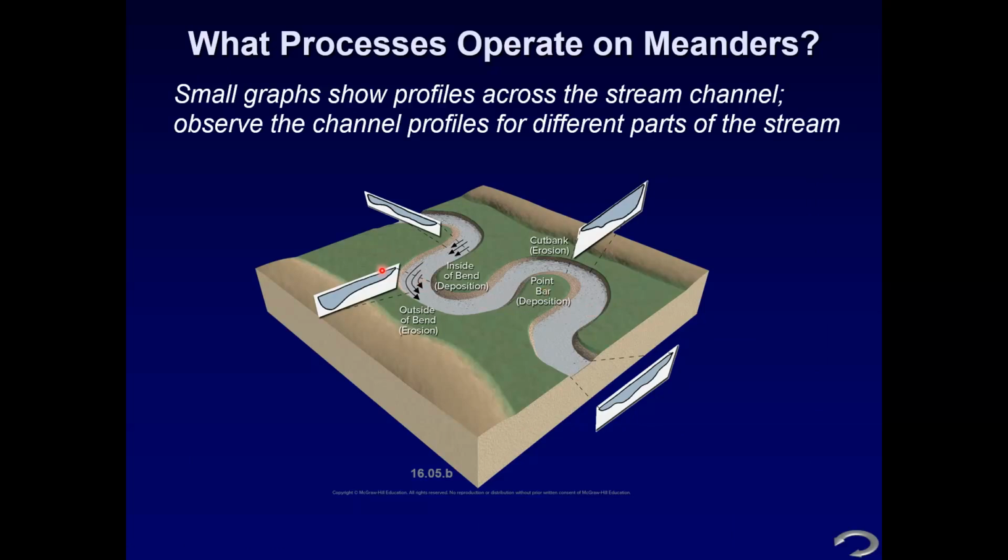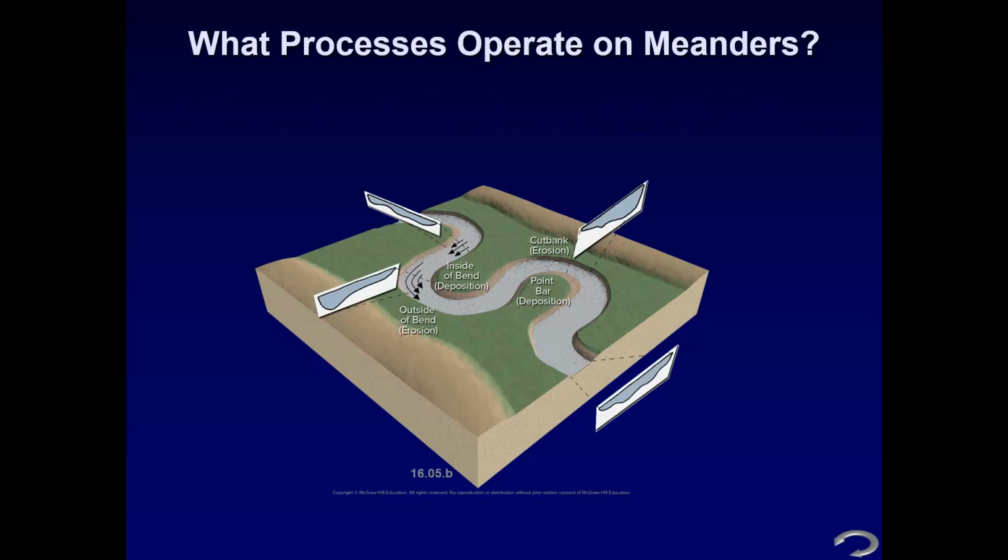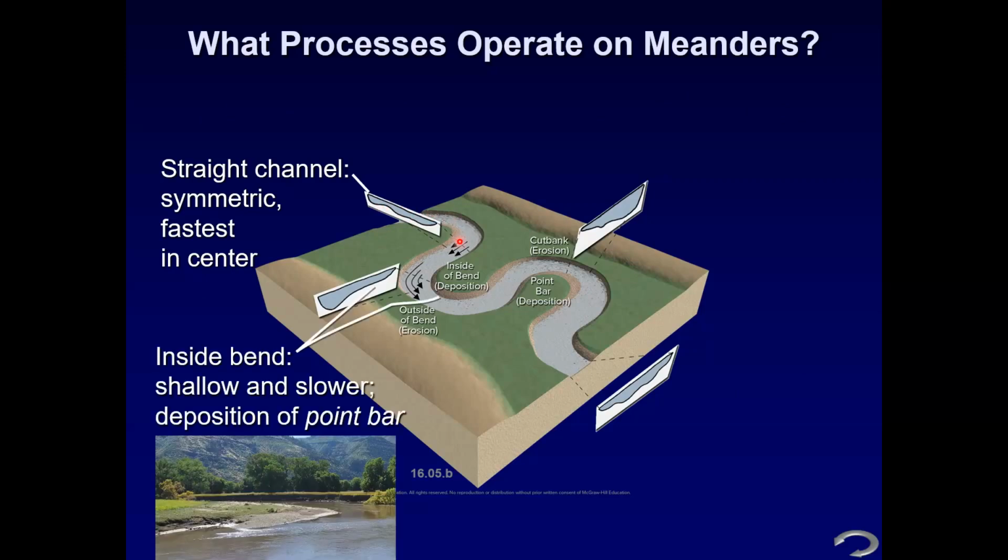We've got small graphs that show profiles across the stream channels. So in a straight channel with the meandering stream, we see that's kind of symmetric and it's fastest in the center. Inside a bend, you've got shallower and slower with the point bar.